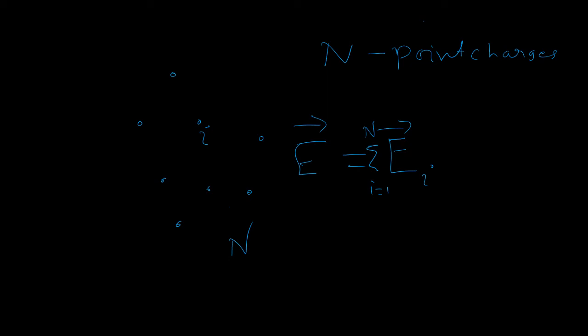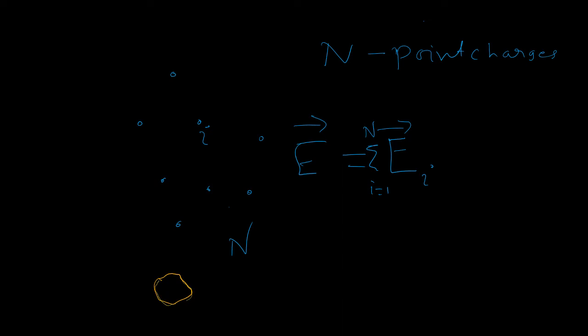Suppose we have charges distributed over some line, means very narrow wire like thing. Charges are distributed all over this curve or line.